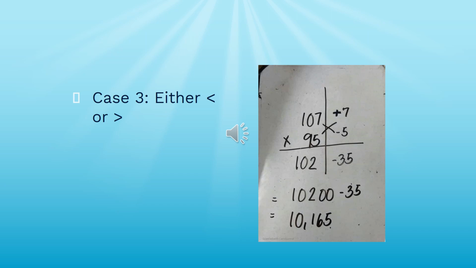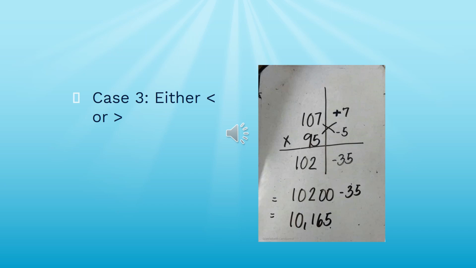So 107 minus 5 is 102. If I use the other pair, say I use 95 and add 7, since 107 is 7 more, 95 plus 7 will still bring me to 102. Okay, so my first partial product here is 102.